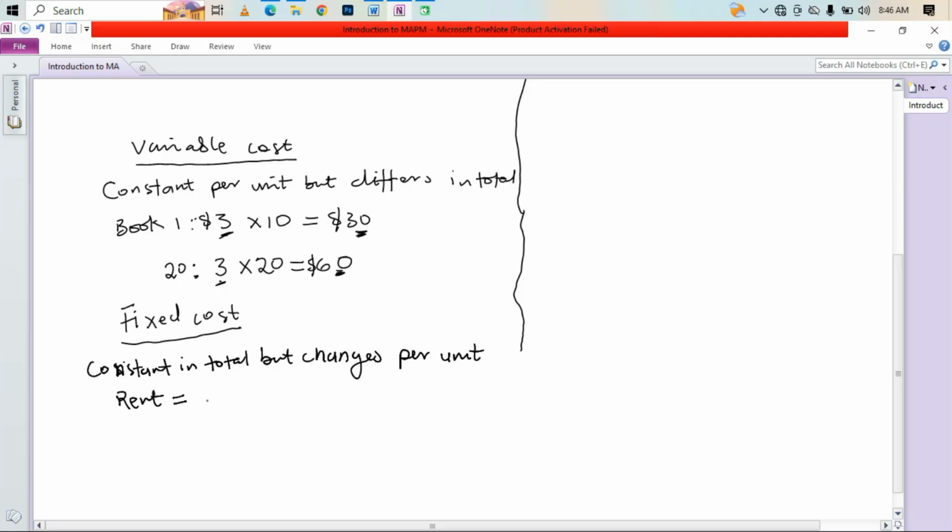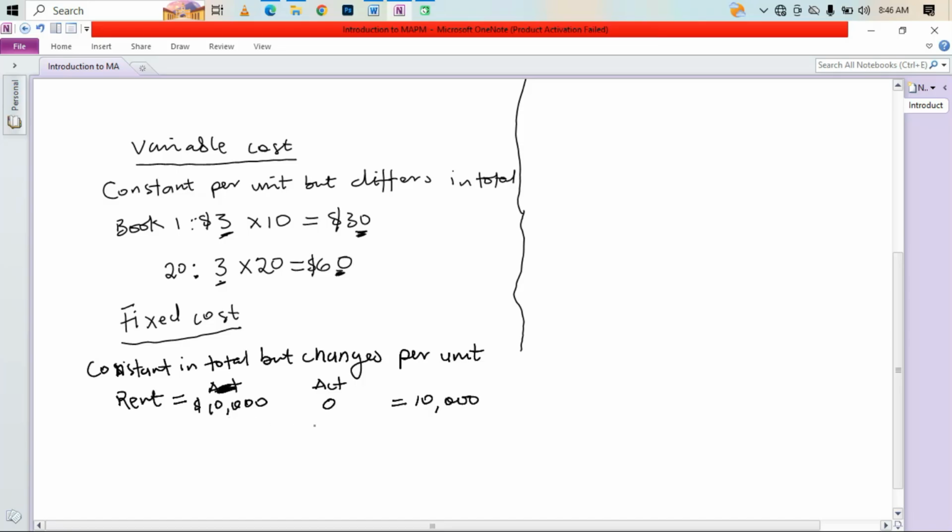If you rented a warehouse, and the cost of the warehouse is, let me say, $10,000, and your activity level is 0, you do not produce anything, you will still incur the cost of what? That 10,000.